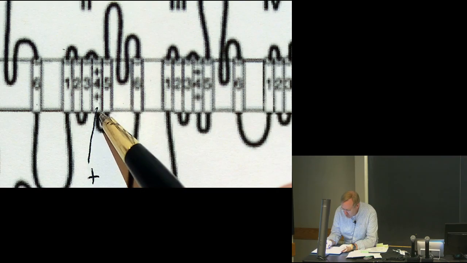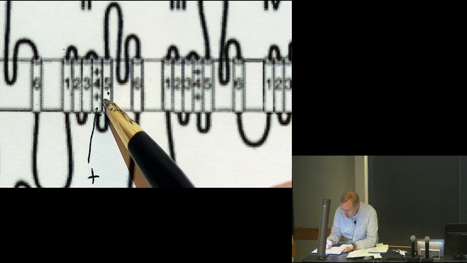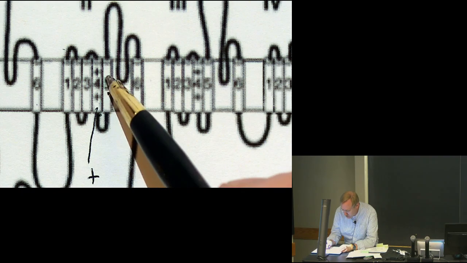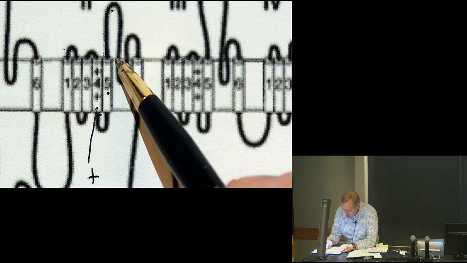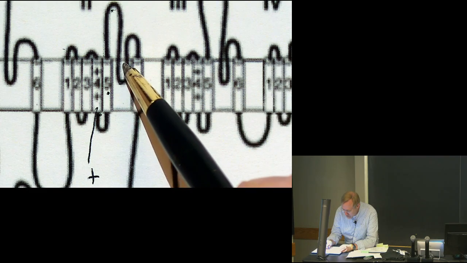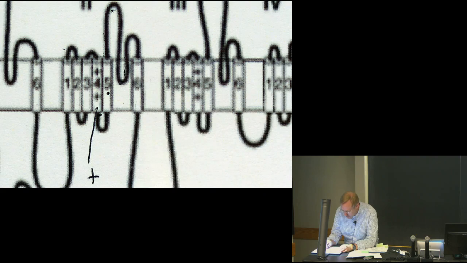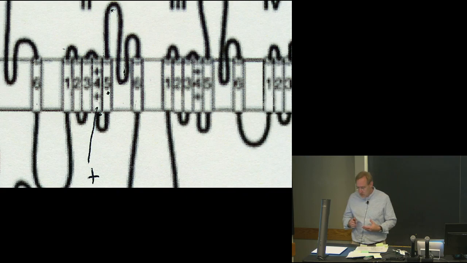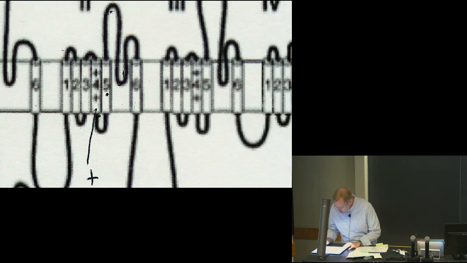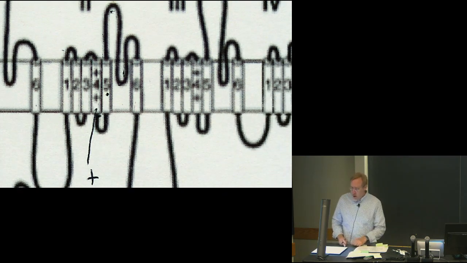The other thing that's weird is in between these predicted helical sequences, 5 and 6, you can see that the protein kind of loops into the membrane, comes back out, and then goes through 6 again. And they determined that by a variety of experiments that aren't worth talking about right now. But the idea is that maybe these loops, which are called P loops, all come together.